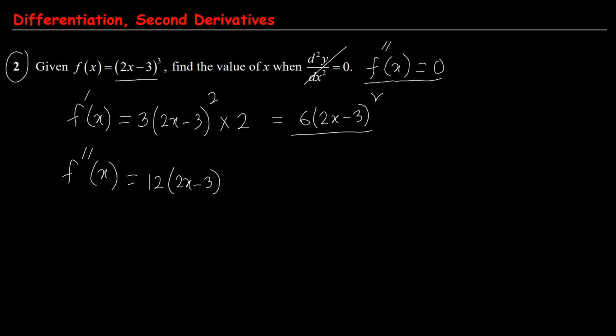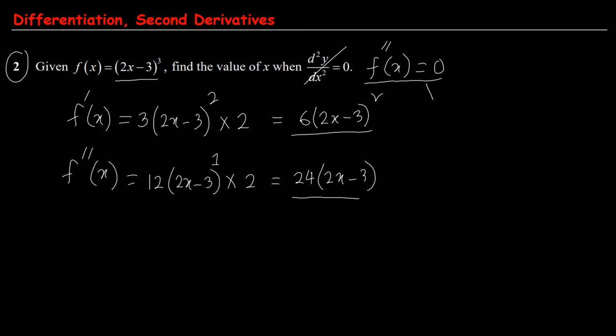From the power we needed to subtract 1, which gives us 1, and inside the bracket if we differentiate we got another 2. So our final expression is 2 into 6 is 12, then 12 into 2 is 24, and in the bracket you can write 2x minus 3. So this is the expression for f double prime x.